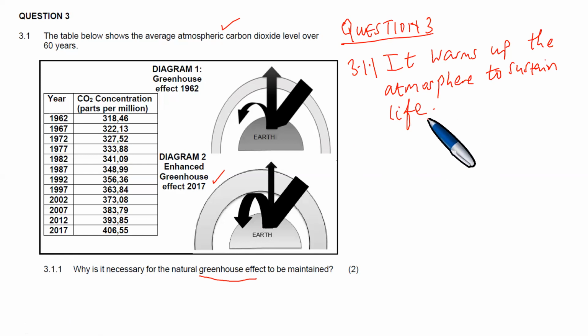In other words, the atmosphere must be warm for life to be sustainable, because if the atmosphere is very cold, life is not going to be sustainable on Earth. So why is it necessary for the natural greenhouse effect to be maintained? Because the greenhouse effect warms up the atmosphere to sustain life.